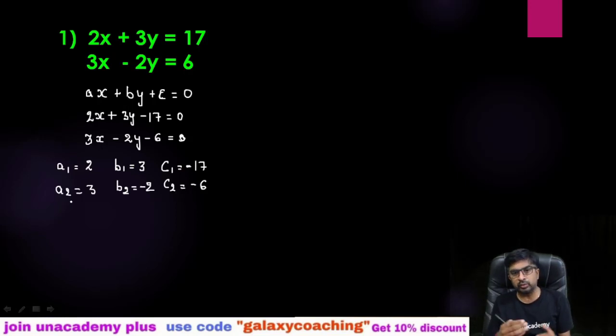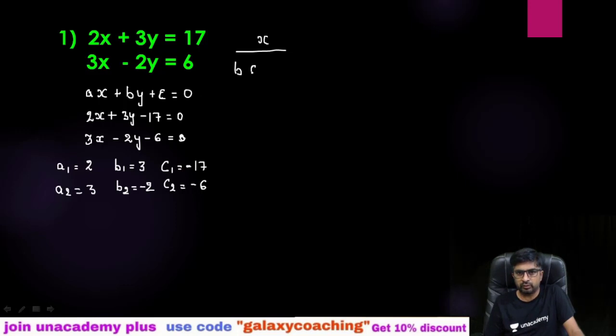Now you need to put these in the cross multiplication method formula. I am going to show you the formula and an easy trick to remember it. This formula is very lengthy, and you know a, b, c is in order: first a, then b, and then c. So just skip a and start with b.